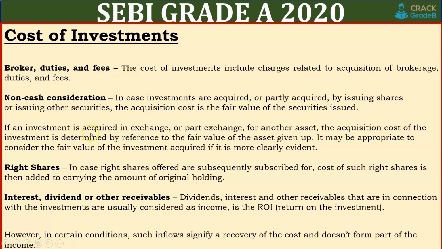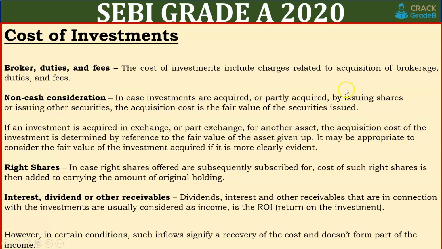Now, if an investment is acquired in exchange or part exchange for another asset, now here it was partly or wholly acquired by issuing the shares or any other security, but here it is written any other asset, say fixed asset, but here security. Okay.